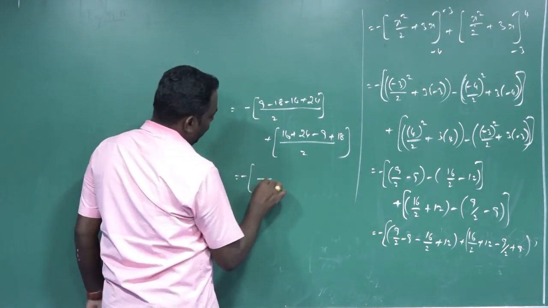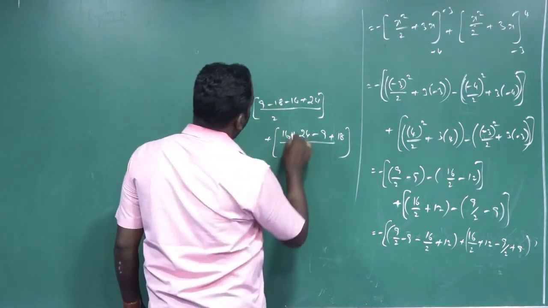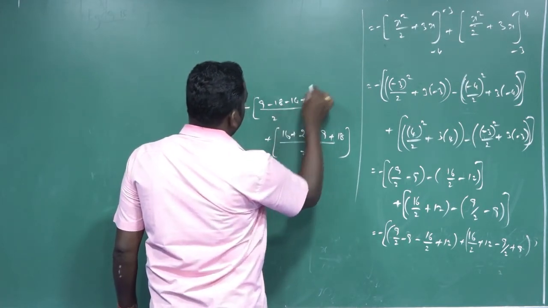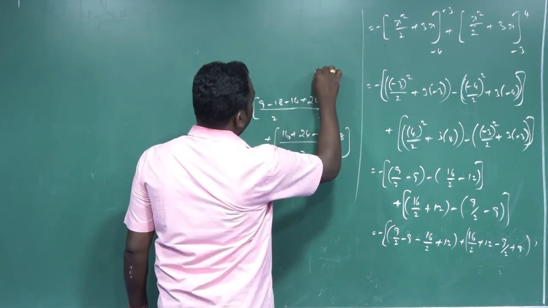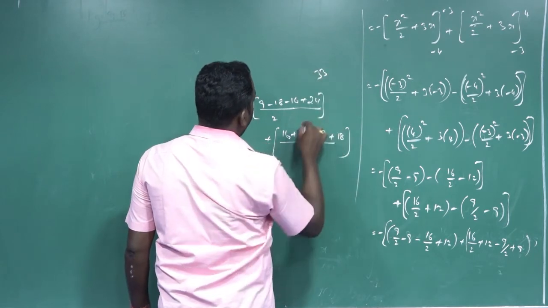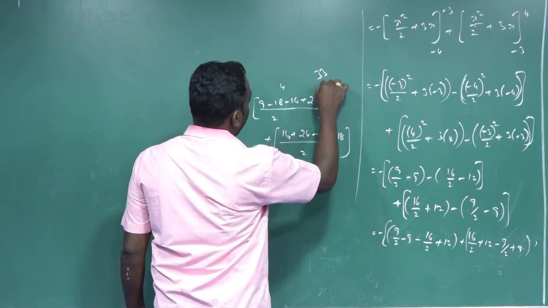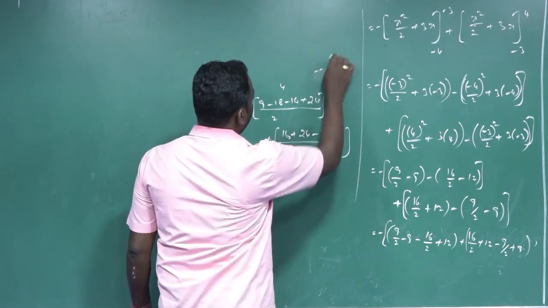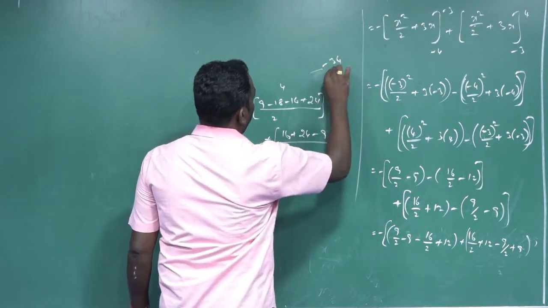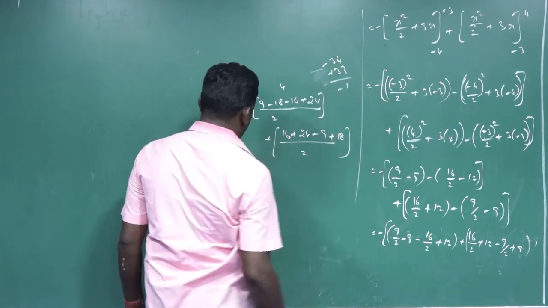And that is equal to minus, within the bracket of, denominator equal to 2, adding the values, numerator 34. So therefore minus 34 and plus 33, it is minus 1.